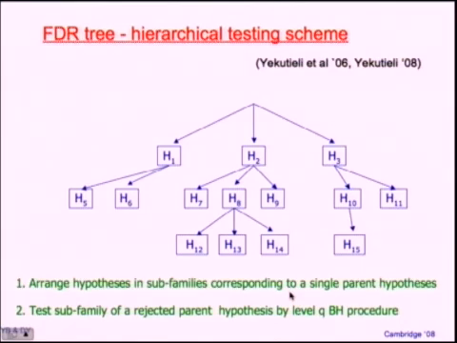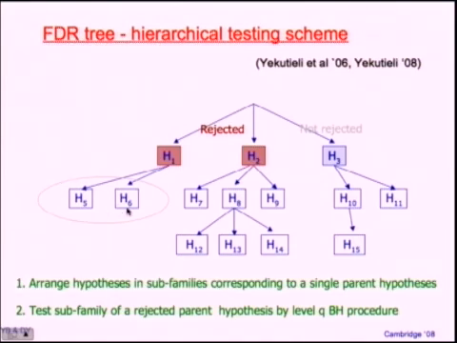This is, of course, related to the content of your research. You try to have families that you think will either be all null or have quite a few non-nulls, very non-homogeneous things. Then you test all hypotheses at the same level together. Those that you reject, you continue down to the second level.